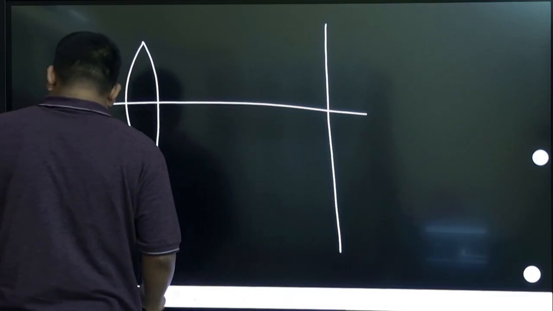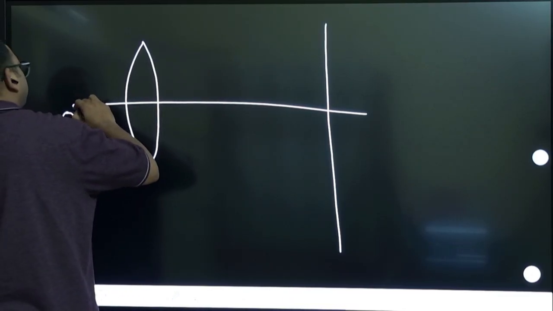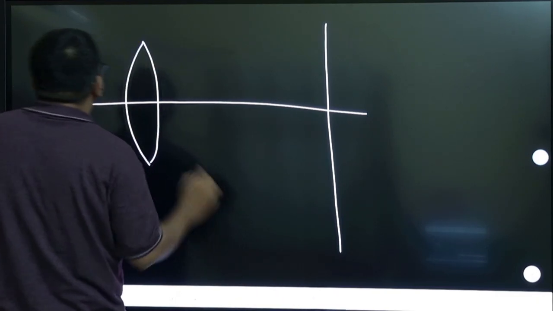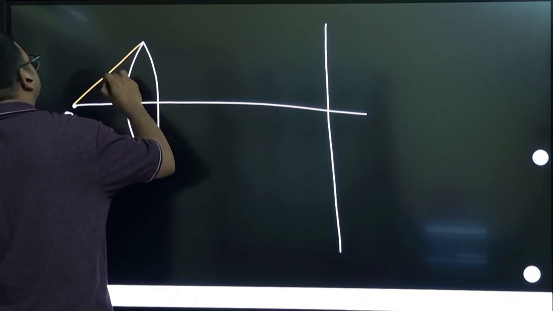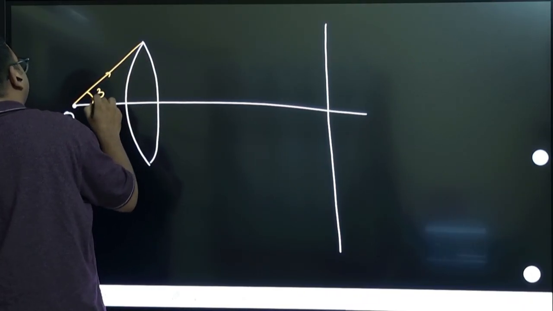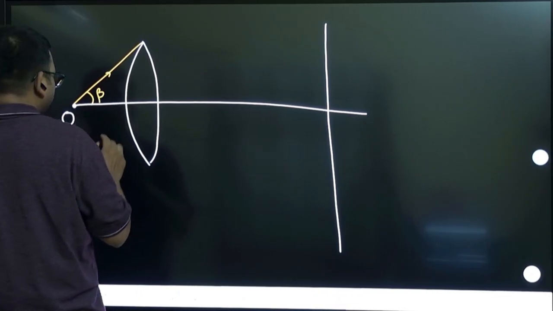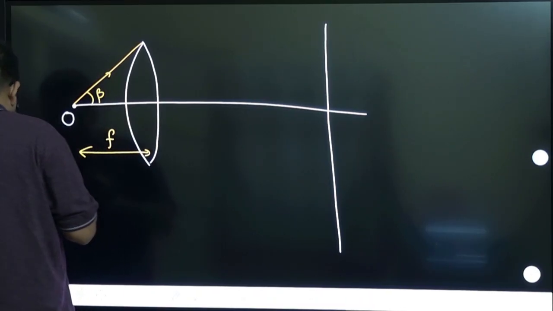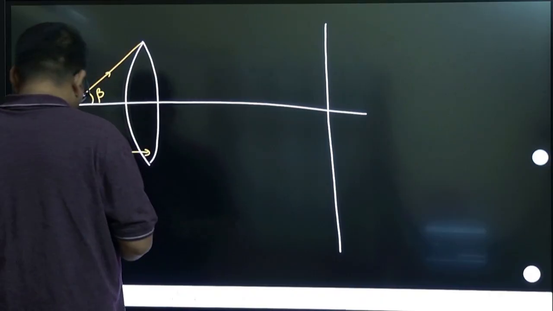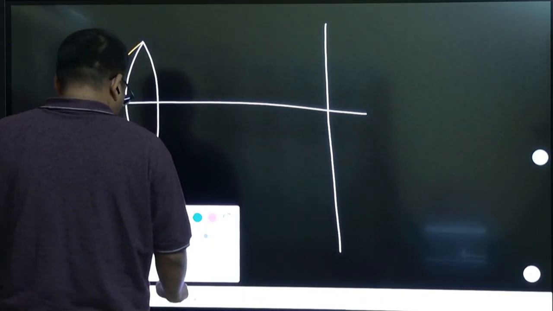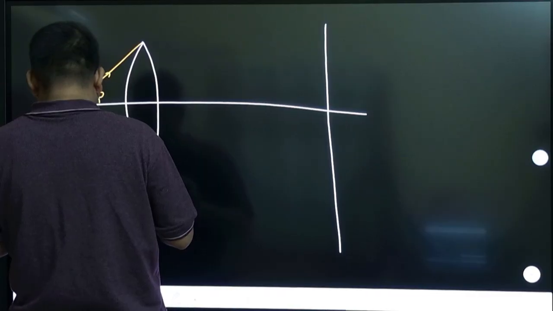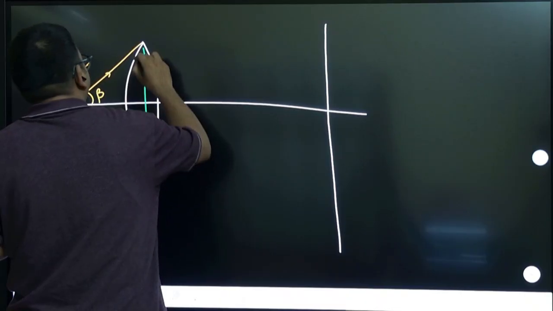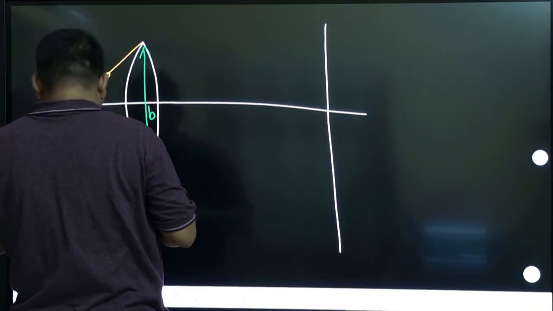If I take a ray coming like this to the aperture of the lens, this angle is going to be beta. Let us call this angle beta, and let us keep this object at the focus of the lens. The aperture size we are calling small b.